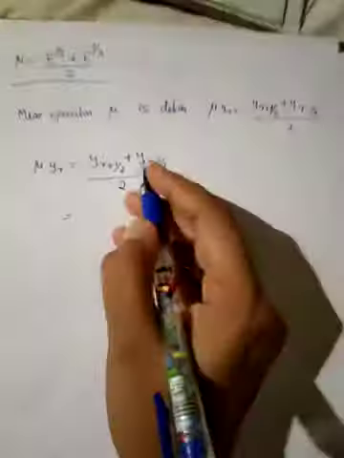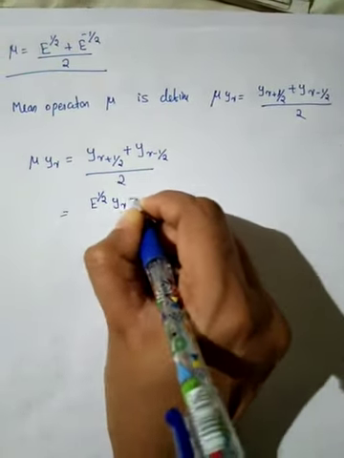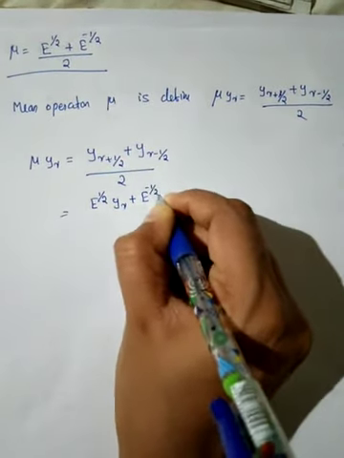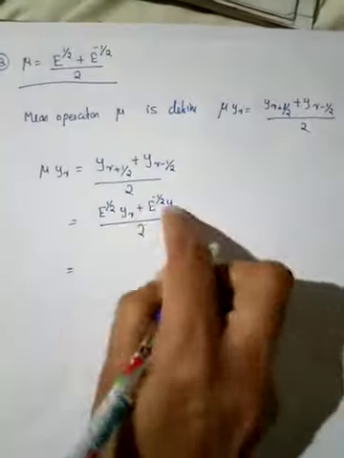So, e^(r+1/2)h can be written as (e^(1/2)h + e^(-1/2)h)/2. So, e^(rh) is common.